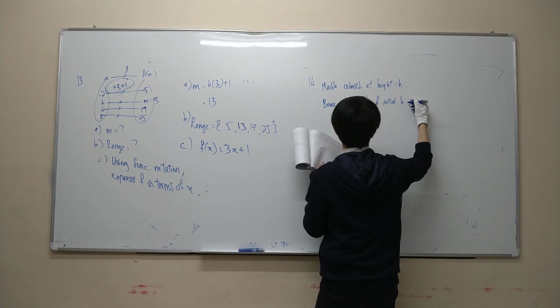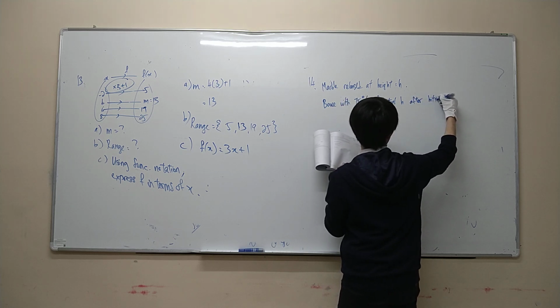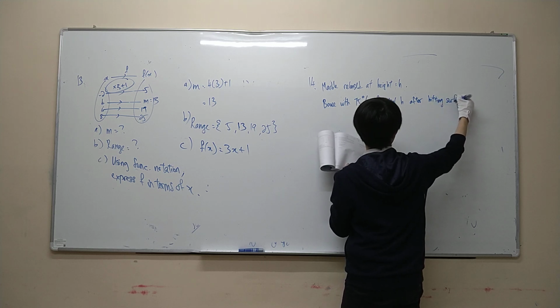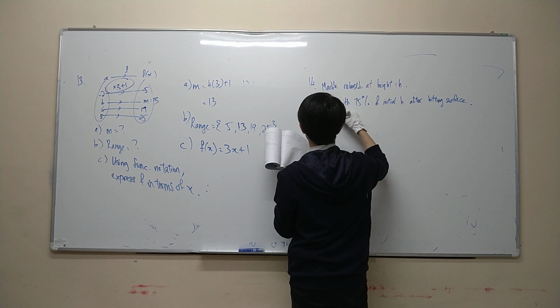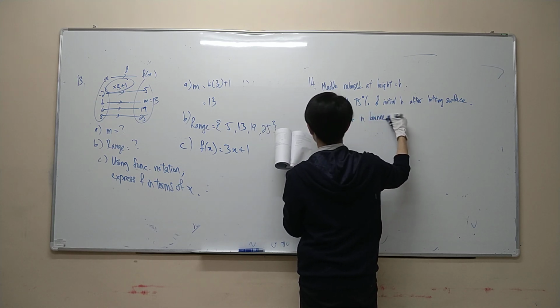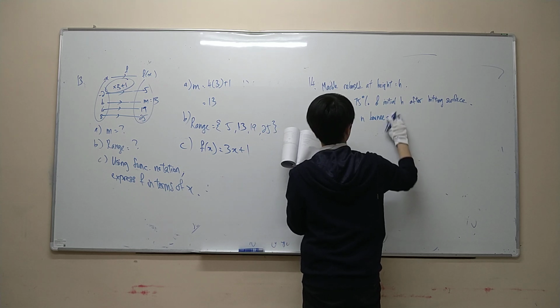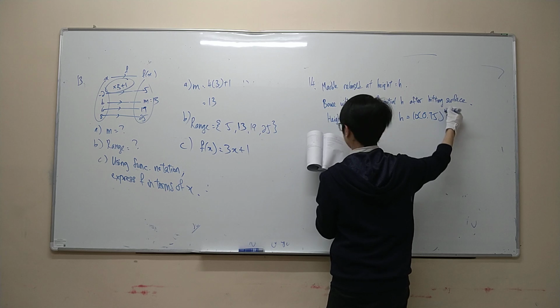Initial height after hitting surface. Then height of n bounces equals to h equals to 10 times 0.75 power n.